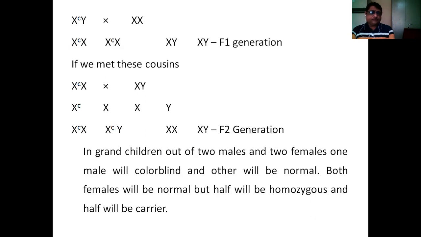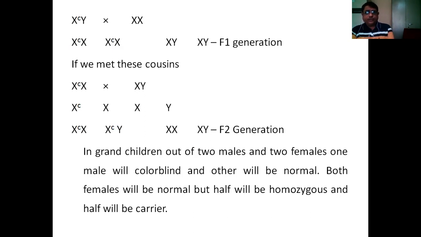If we make the cross between the cousins, it will be XCX and XY. This XCX female will produce two types of gametes: one that carries the colorblind copy, XC, while the other is the normal X chromosome.